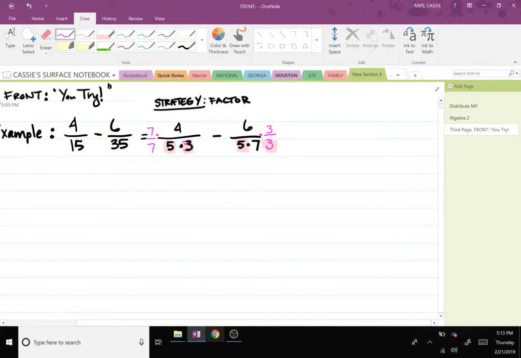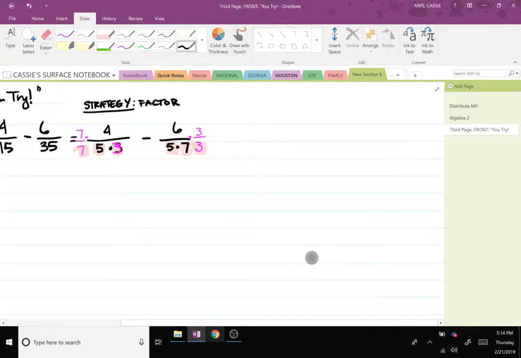Okay? So now you will notice that the 7's are shared, and currently both fractions have a 3, a 5, and a 7. What does that multiply out to? We're not going to worry about that right now. Okay? So once you have common denominators, all you have to do is join them under a single common denominator. It doesn't matter what order.